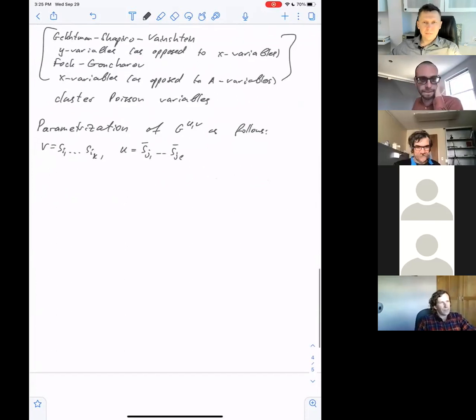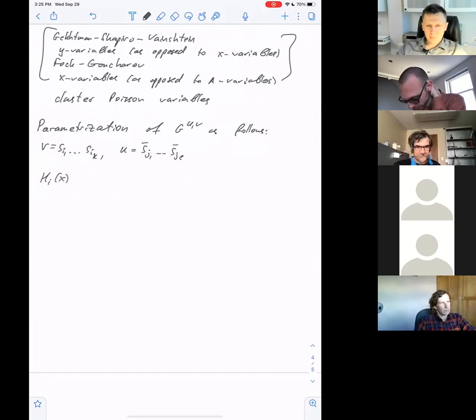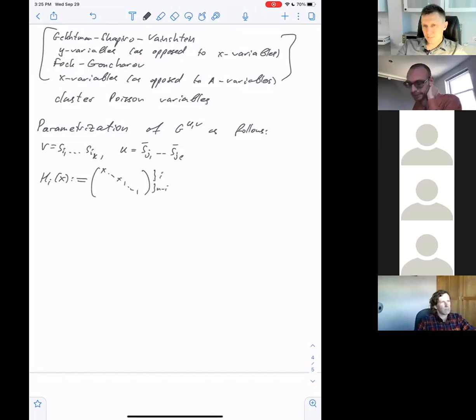Now, to parameterize an element of the double Bruhat cell, I'll need to introduce some matrices. H_i(x), by definition, will be this matrix: a diagonal matrix whose first i entries are x and the next are ones, so I have i entries here and n minus i entries here.